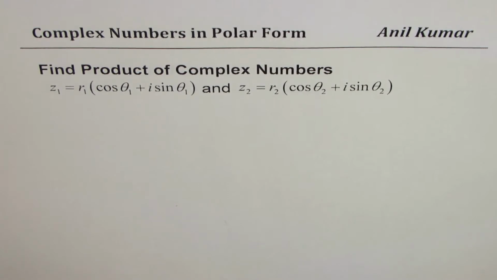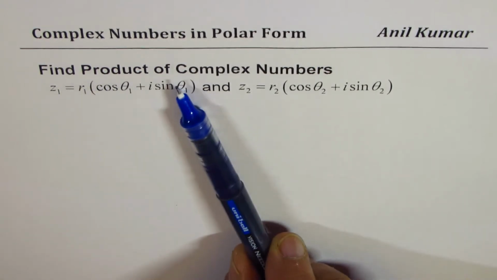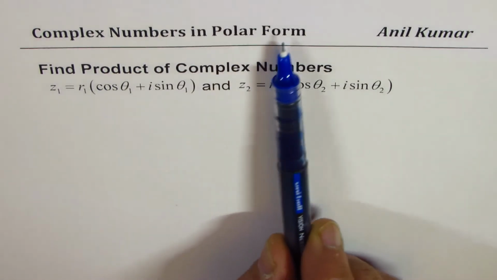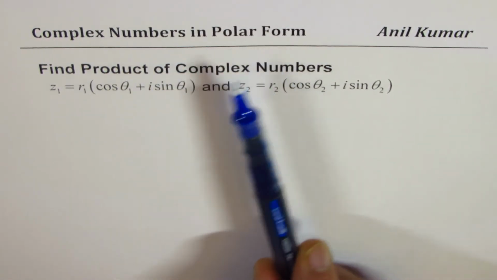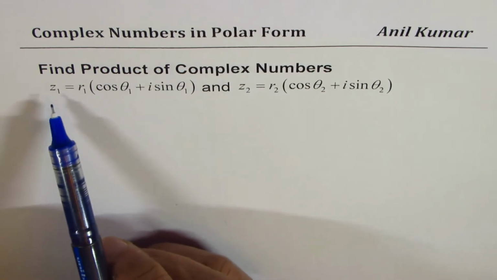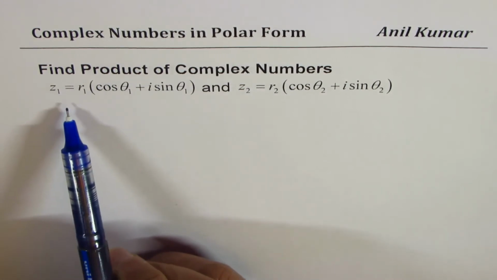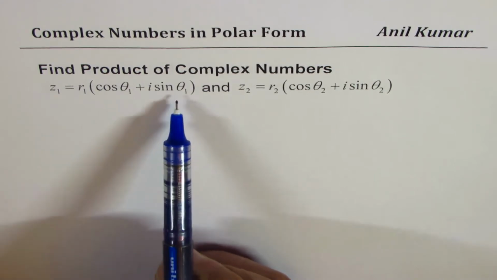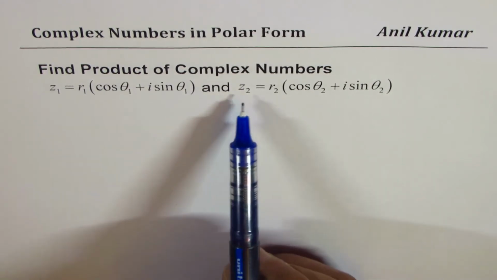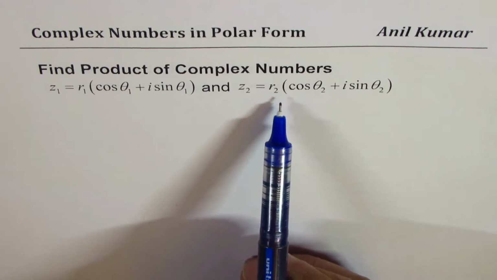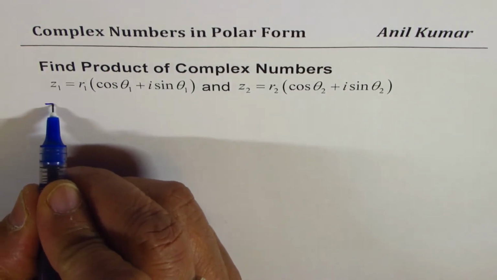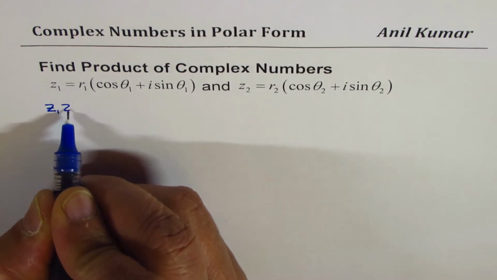So in the very first exercise, we will see how to find the product in general of complex numbers written in polar form, right? So all this is about polar form. If we have two complex numbers in polar form written as z1 equals r1 cos theta 1 plus i sine theta 1, and z2 is r2 times cos theta 2 plus i sine theta 2, then we'll find out what is z1 times z2.